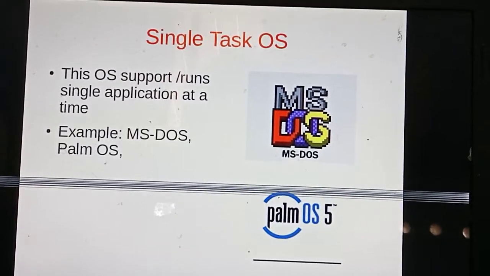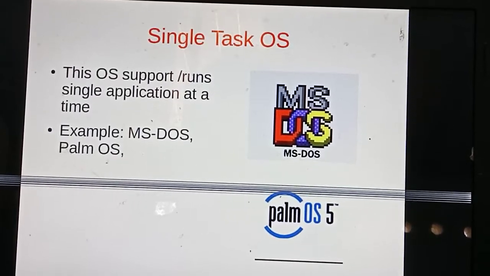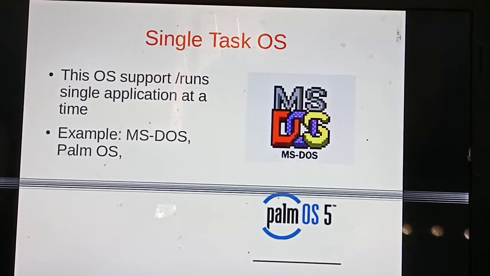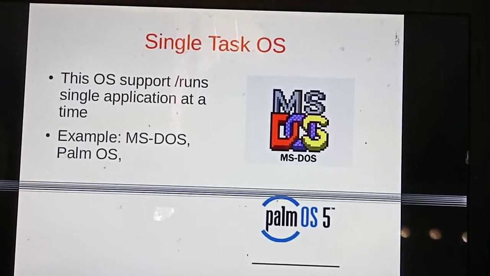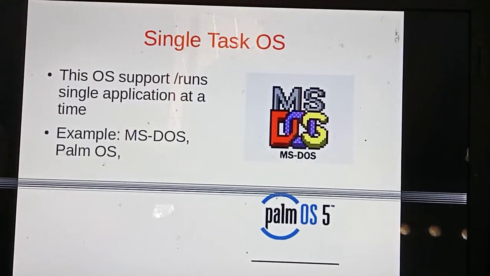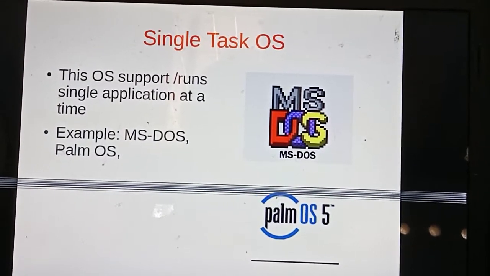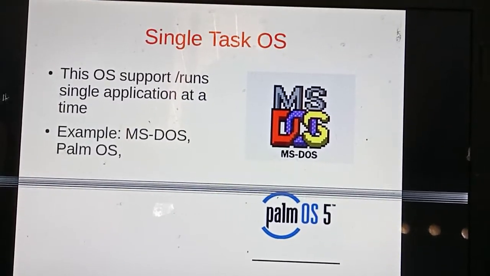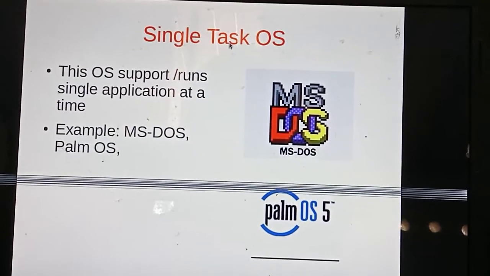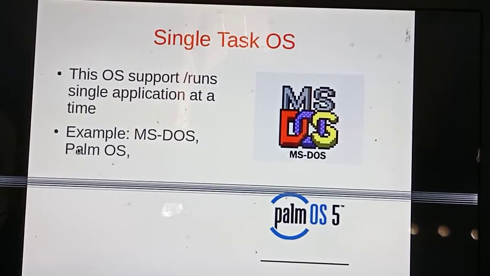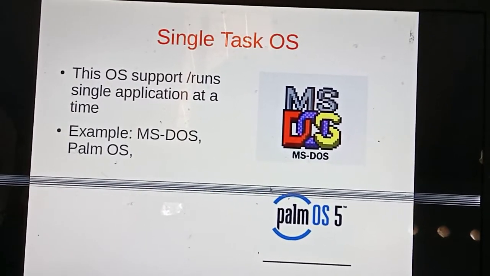So only one application runs at a time. You can either see a video, or otherwise do typing in LibreOffice. Example of single task operating system is MS-DOS and Palm OS.